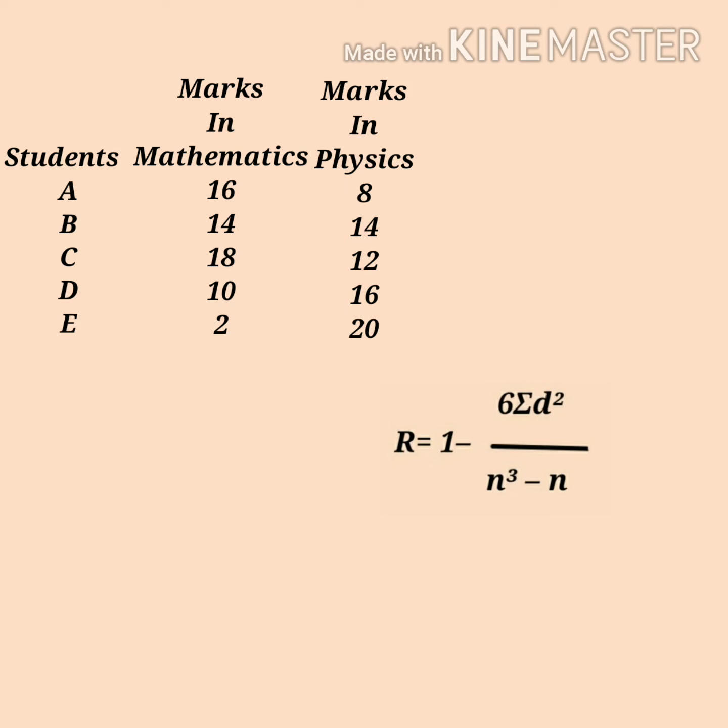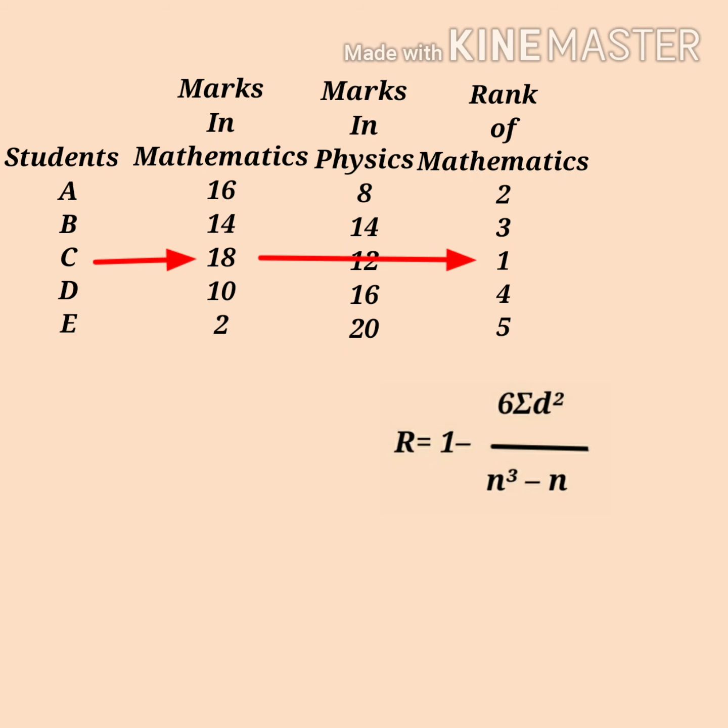In the next column I have written the rank of mathematics. In that column I have assigned ranks on the basis of the marks they have got in mathematics. So in mathematics the highest mark was obtained by student C, that is 18, so I have assigned him rank 1. Then the second highest was obtained by student A, so I have assigned him the second rank.